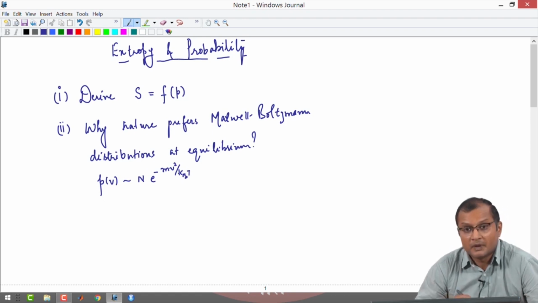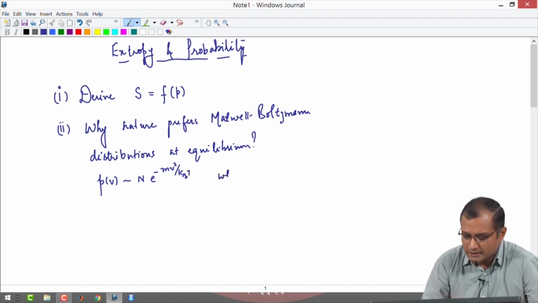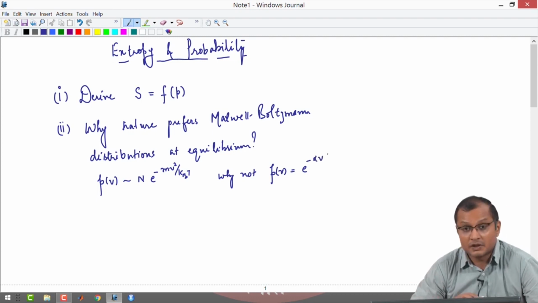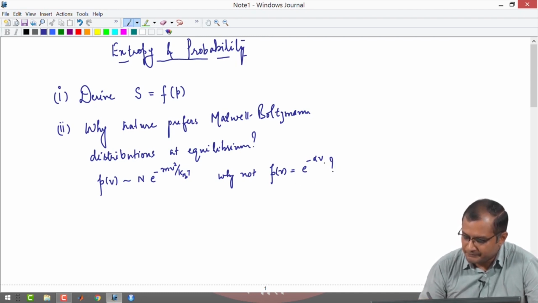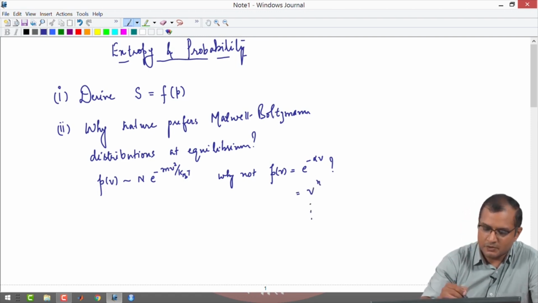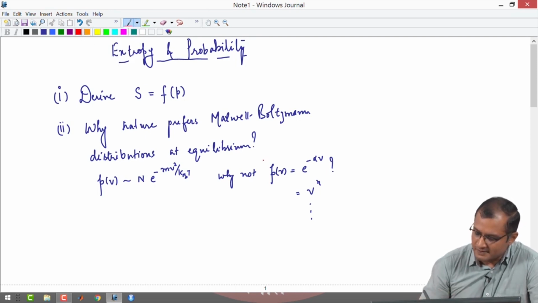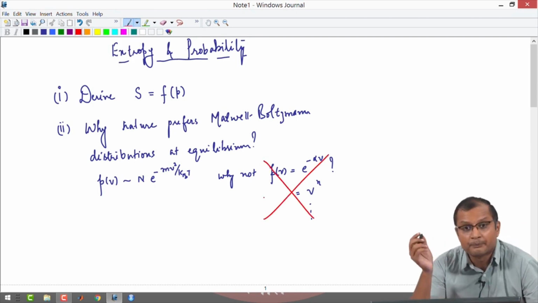Why not something like e raised to minus some alpha times v, exponential? You could take some v to the power n and so on and so forth. All these distributions are rejected, and what is selected is a normal distribution at equilibrium.